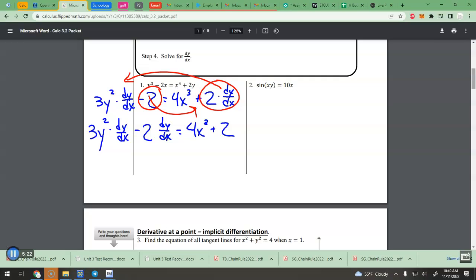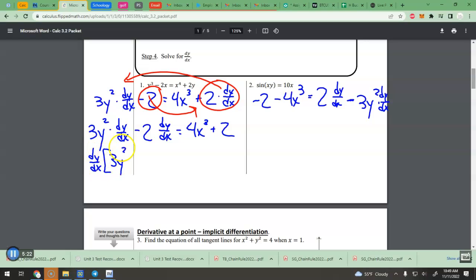Also at the same time, because I want to show you guys something, I'm going to do the same thing but the other way. So I'm going to put the non-dy/dx's on this side and the dy/dx's on the right. I just wanted you to see what happens. Okay, so in either case, I'm going to factor out dy/dx.